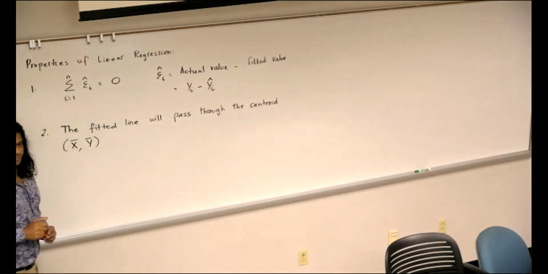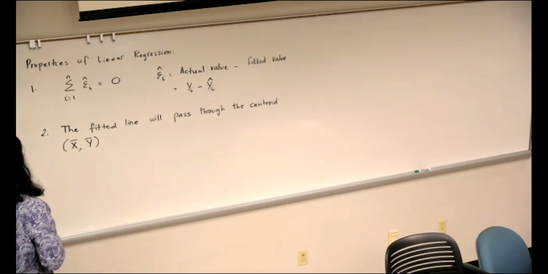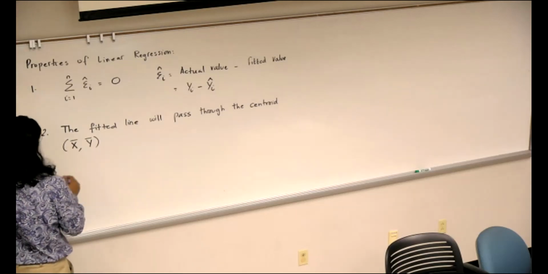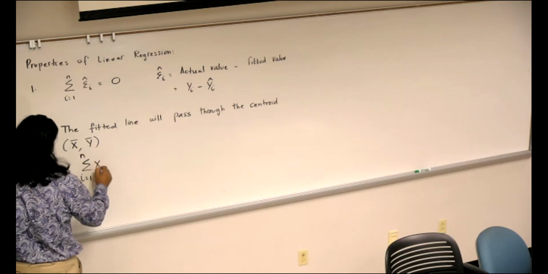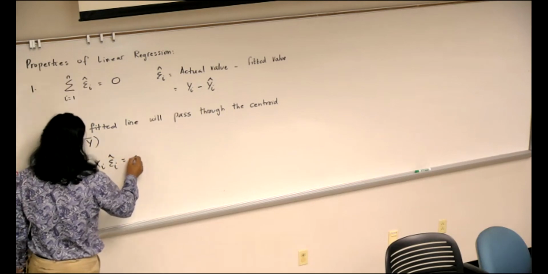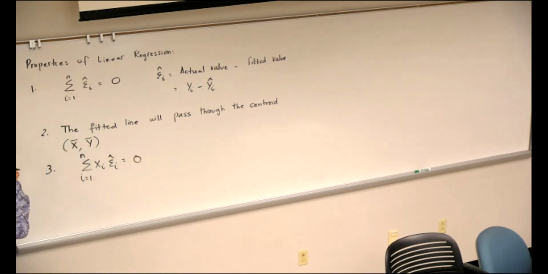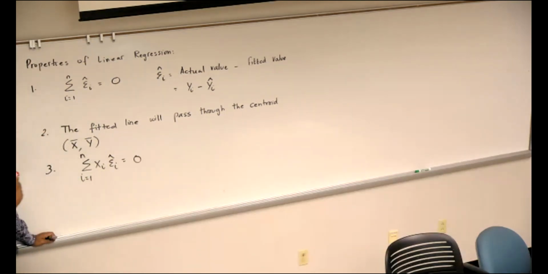The fitted line will pass through the centroid, x bar, comma, y bar. You take the residuals, multiply by the x value, sum them, it has to equal 0.